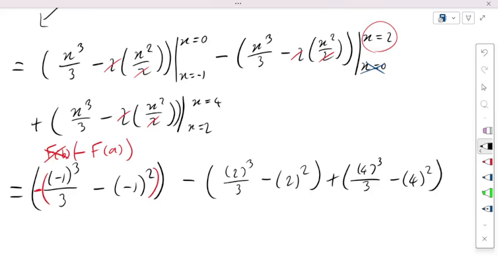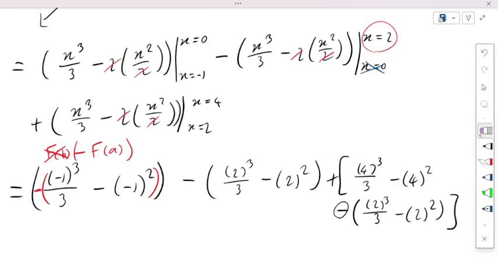And then we're just going to minus it by, so I'm going to write it somewhere here, minus, and let me use a square bracket in this case, minus, and then we're going to have the other one evaluated at 2. So here it's going to be 2 all cubed divided by 3 minus 2 all squared. And now we can close that bracket. Okay, we're just minusing the whole function here.